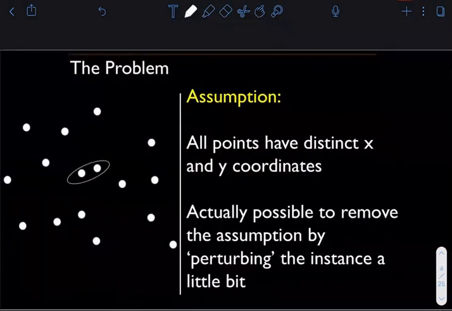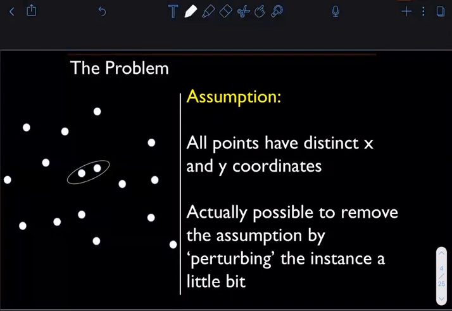I'm going to make one assumption throughout this lecture. I often do these things just to keep the lecture simple, but the algorithms themselves work exactly in the same way even if I remove these assumptions. The assumption is that every point has a distinct x and y coordinate.